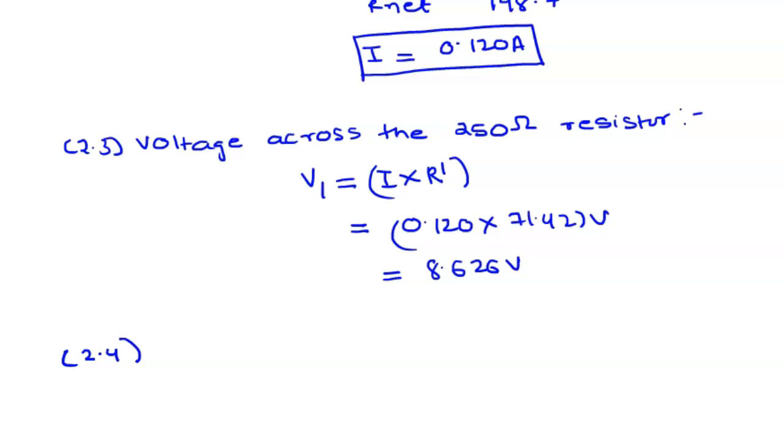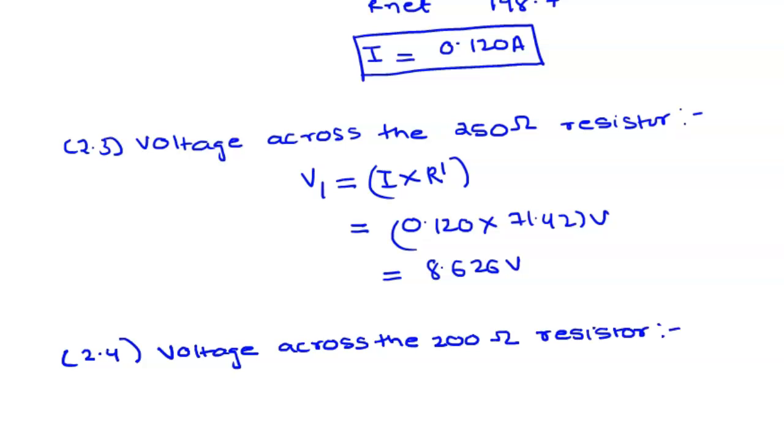Similarly, we can find out the voltage across the 200 ohm resistor. The voltage across the 200 ohm resistor V2 would be equal to the total current multiplied by R double dash, because we need to find the total voltage in this second circuit.